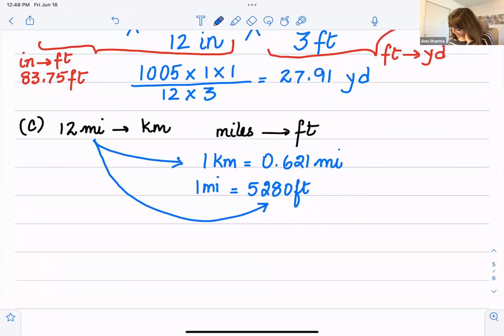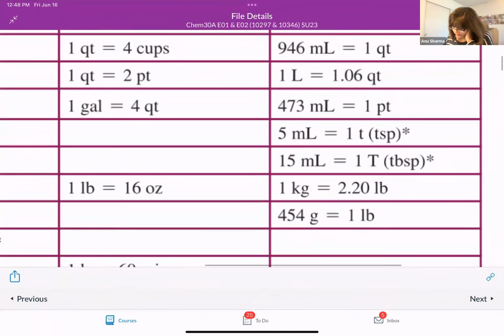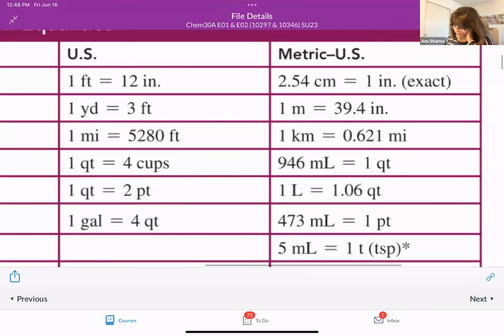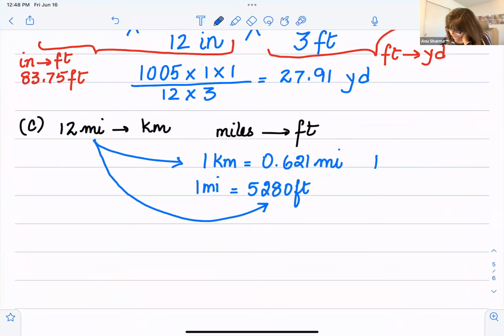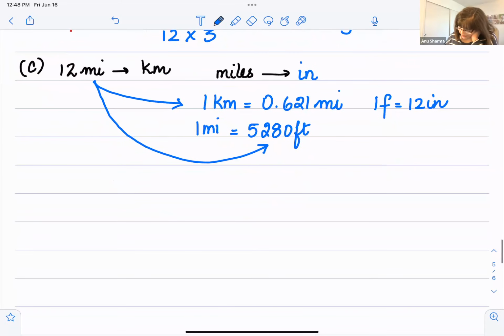Okay, let's convert that to inches. 1 feet is 12 inches. So let's do that in inches. So miles to inches, because a direct conversion exists for these two. There's no direct conversion between miles to inches.